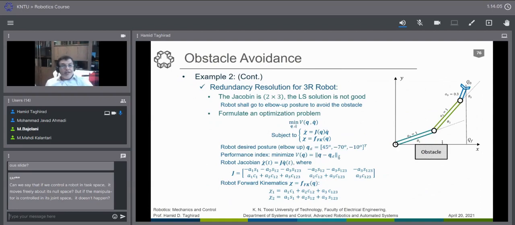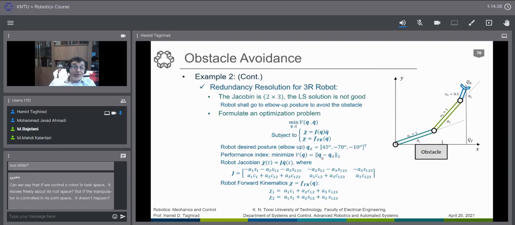If you find the difference between Q and QD, then it would be much easier to go to that. So notice that this is not a very accurate obstacle avoidance problem. We are just giving an elbow up position. But for this particular example, this will work with a very, very simple cost function.